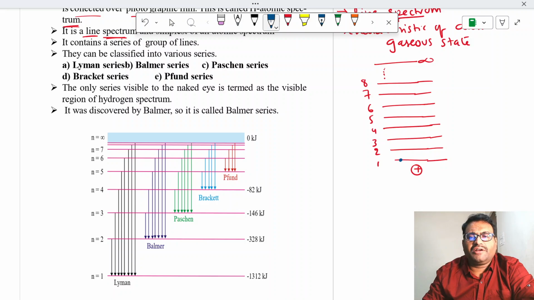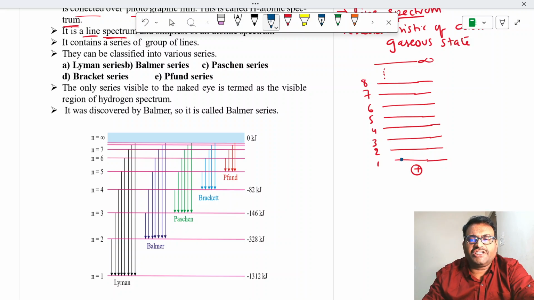When you are passing a lot of energy into the discharge tube by creating a high potential, what happens? This electron gains that energy. Depending upon the energy gained, it is excited to a higher energy state.